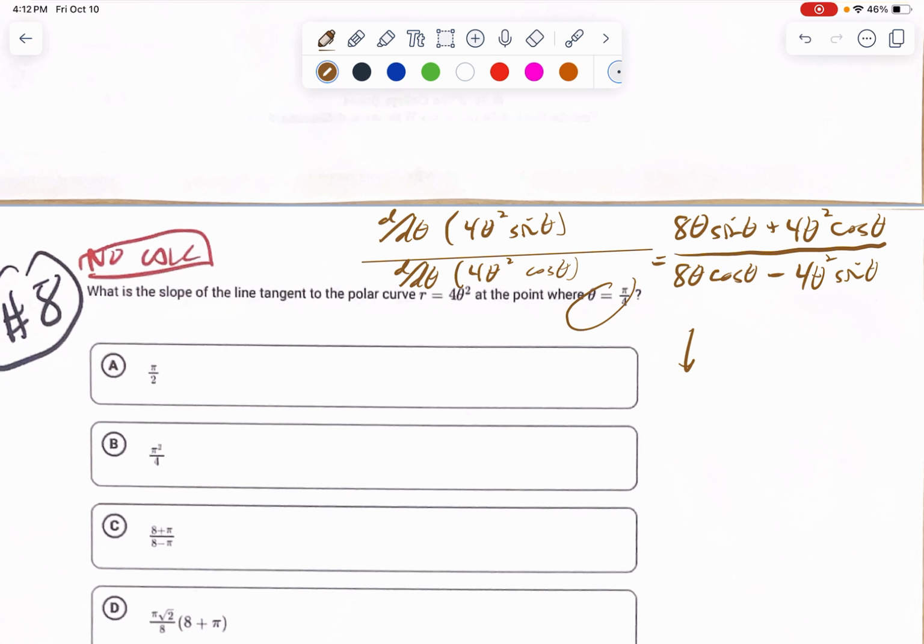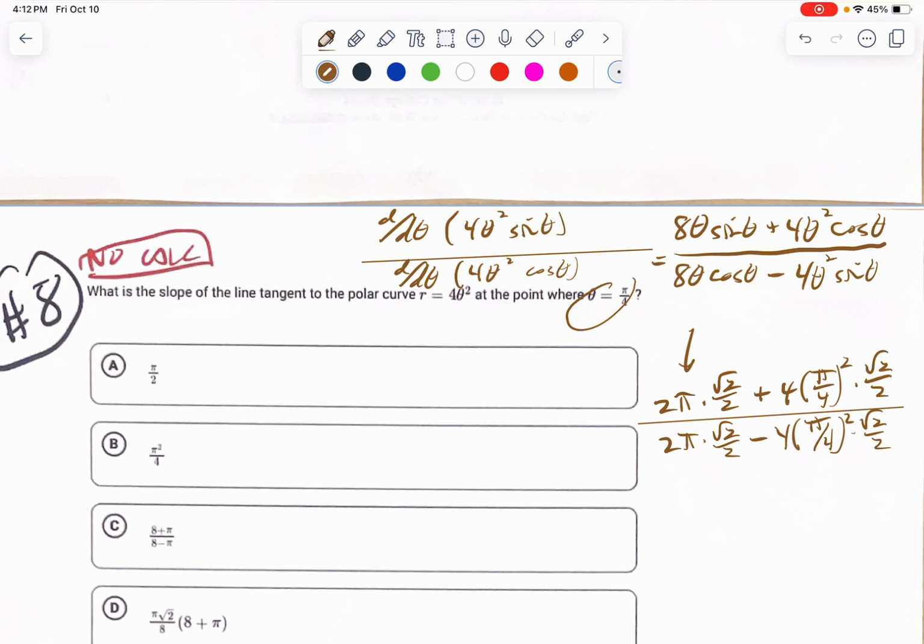So specifically, we would have 8 theta is 2 pi, times sine is root 2 over 2, and then plus 4 times pi over 4 squared, I'll simplify that later, times root 2 over 2. Here, 2 pi times root 2 over 2 minus 4 times pi over 4 squared, root 2 over 2.